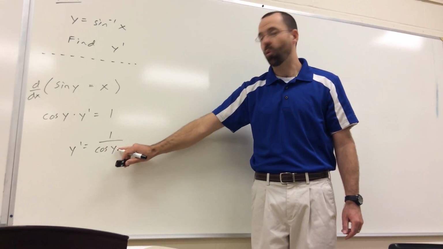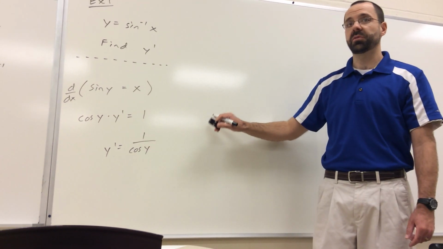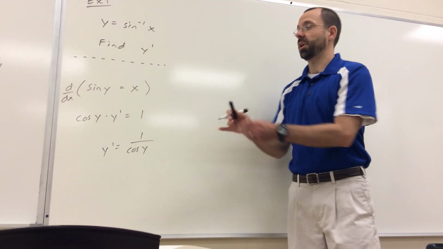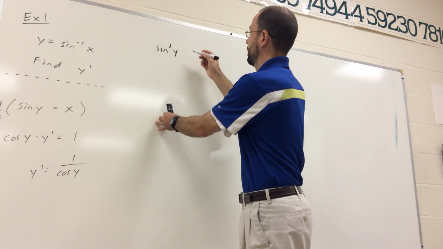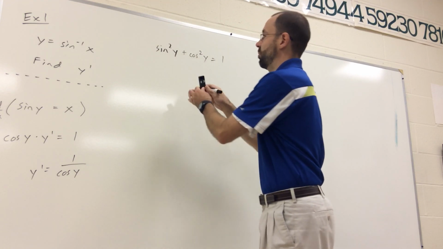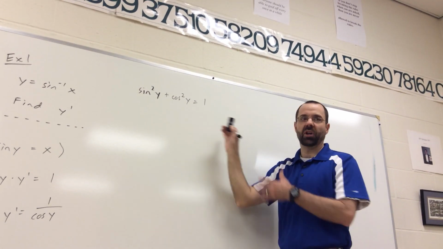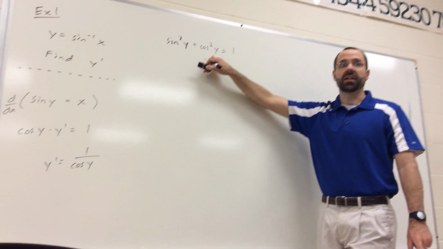Now I'd rather not have y in my final answer. So now I'm going to do some algebra to get rid of this y here. Okay, so there's an identity that says sine squared of y plus the cosine squared of y equals 1. So I'm just going off separately. This is separate from this. This is just an identity.